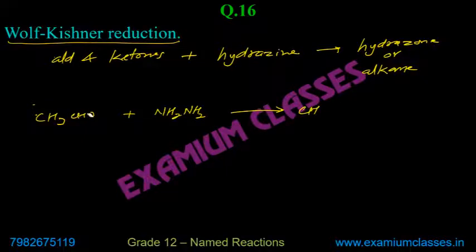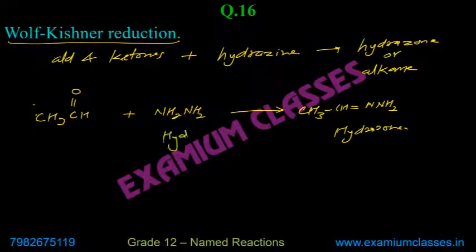Instead of writing CHO, write it like C double bond, so that it becomes easier to understand. I get CH3CH=N-NH2. So this is hydrazone. This is hydrazine.